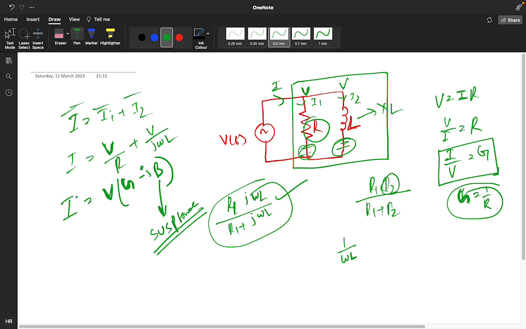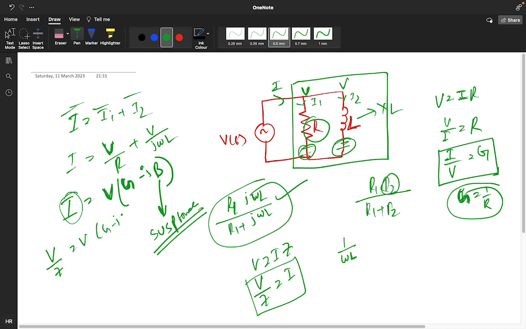And overall, V is equal to I into Z. So overall I will be V divided by Z. V by Z is I. So for V by Z, you are getting V into G minus jB. This V cancels out. And 1 by Z, the inverse of Z, is what?